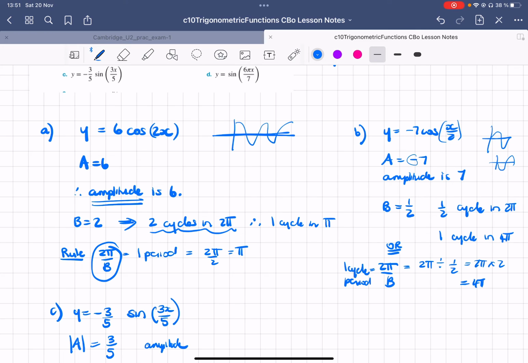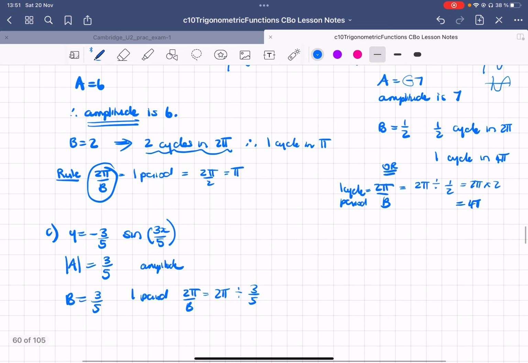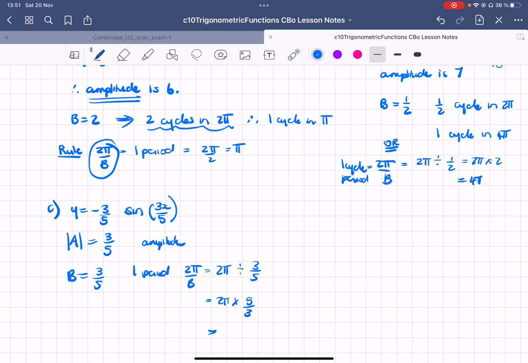My b value is 3/5. So 1 period is 2 pi over b, which is 2 pi divided by 3/5. So that is 2 pi times 5 over 3, which is 10 pi over 3.